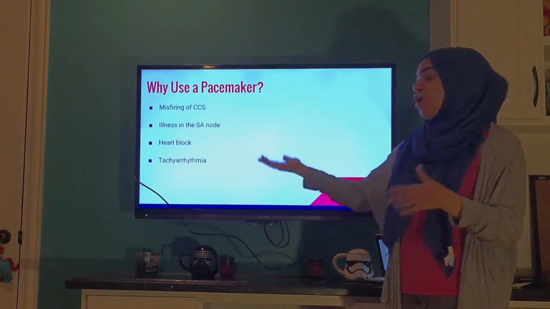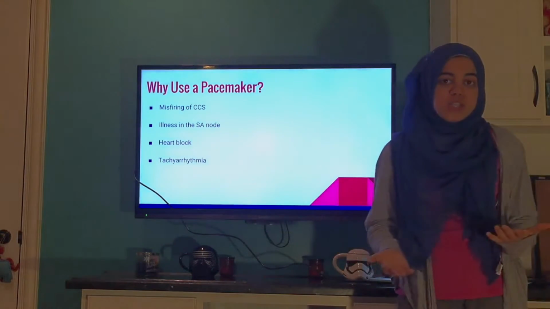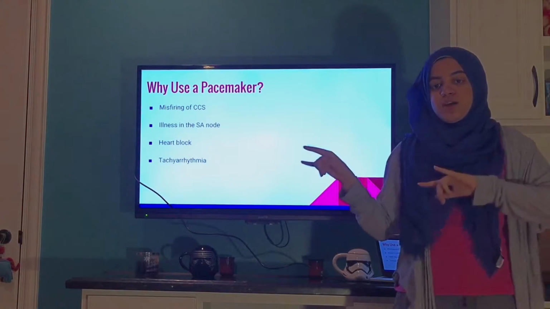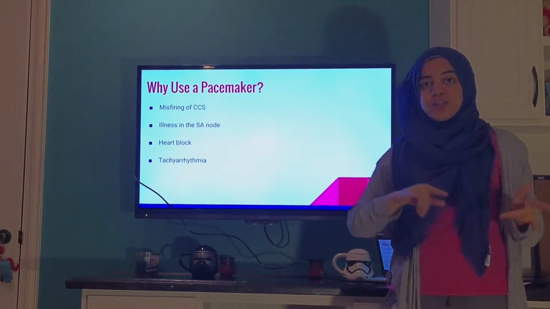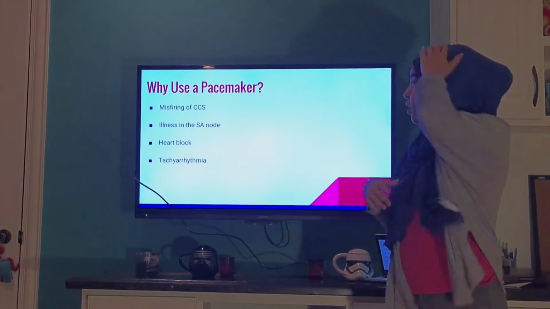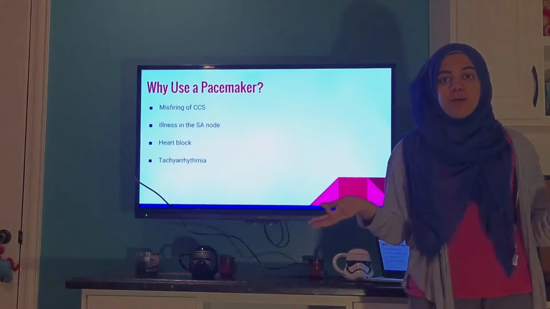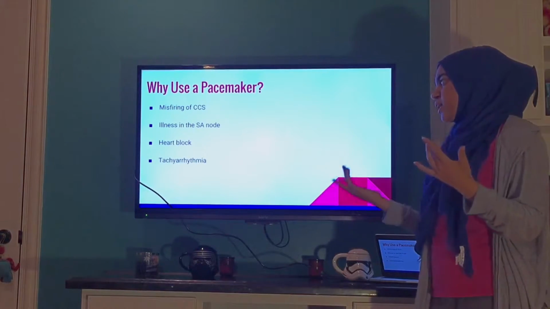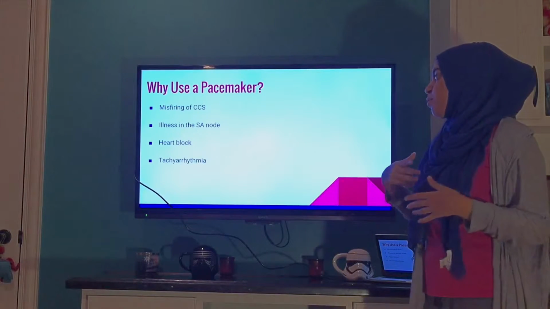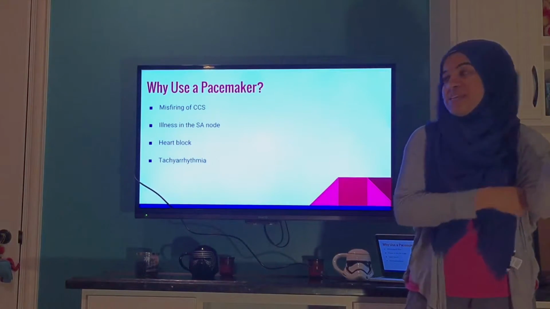Then there's heart block, which is a problem in the electrical impulses in the heart, with messages not being transmitted correctly or being blocked in the atria. And then there's tachyarrhythmia, which is one form of irregular heartbeat, a speedy, kind of fluttery heartbeat, but any irregular heartbeat could be solved with a pacemaker.